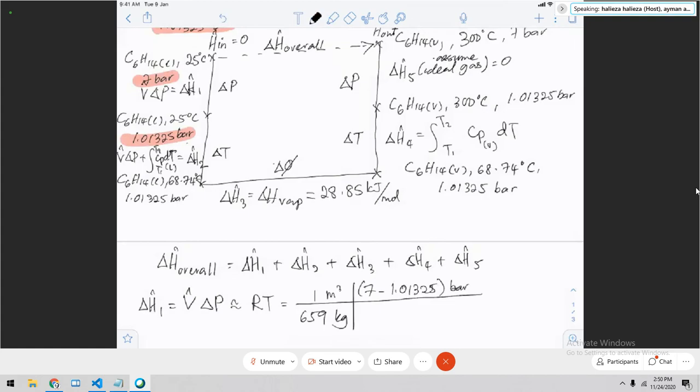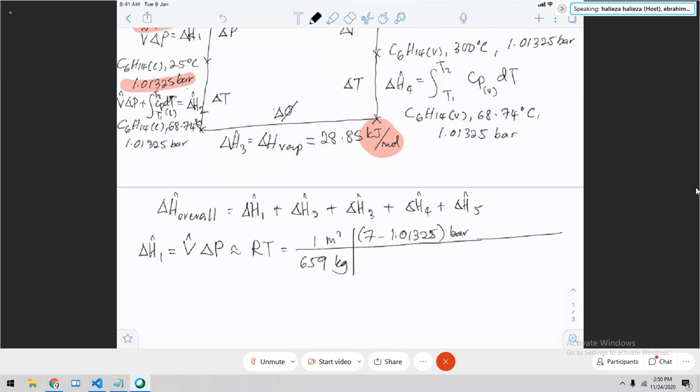Now that doesn't look like our usual unit of kilojoules per kilogram, and we need the same unit as the other terms because we need to sum everything up. So how are we going to change that to the same unit? Isn't it P2 minus P1?